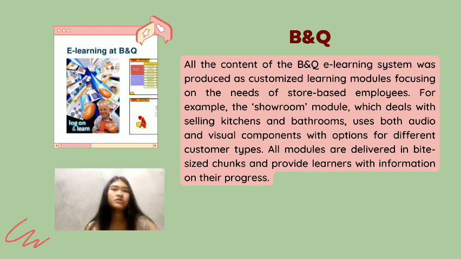For example, the showroom module, which deals with selling kitchens and bathrooms, uses both audio and visual components with options for different customer types. All modules are delivered in bite-sized chunks and provide learners with information on their progress.